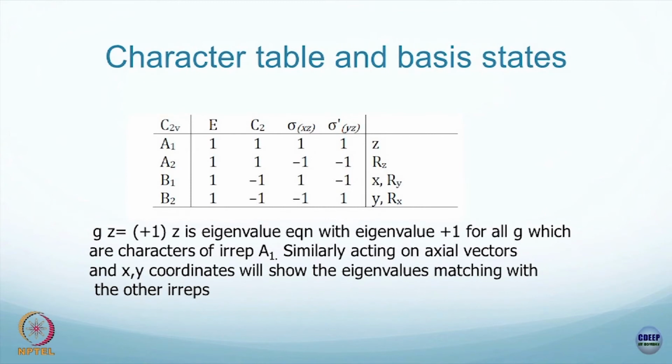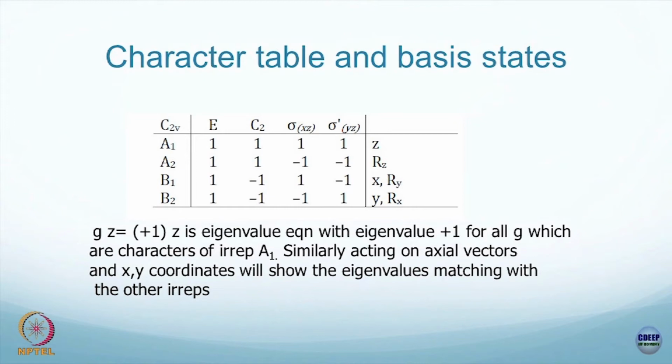So this also I have gone through for you, the basis column. Just like I said, whenever you have a matrix representation, it will act on the corresponding vector space. If the irreducible representation is one dimensional, then the basis will be one dimensional. What is the right basis in your position coordinate system?